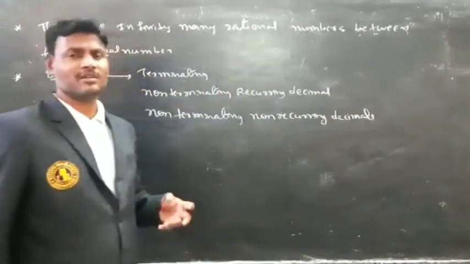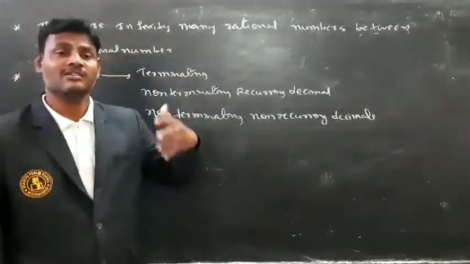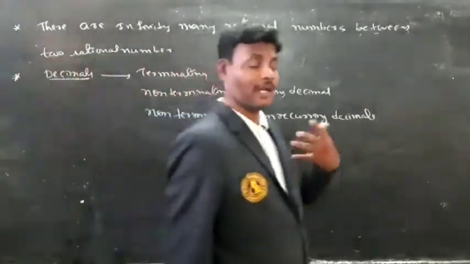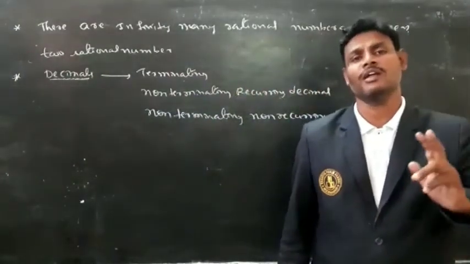So the first one is terminating decimal, the second one is non-terminating but recurring decimal, and the third one is non-terminating and also non-recurring decimal.